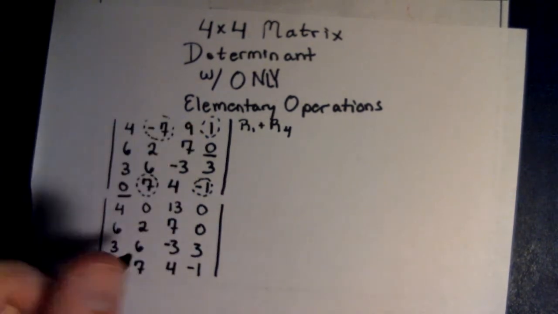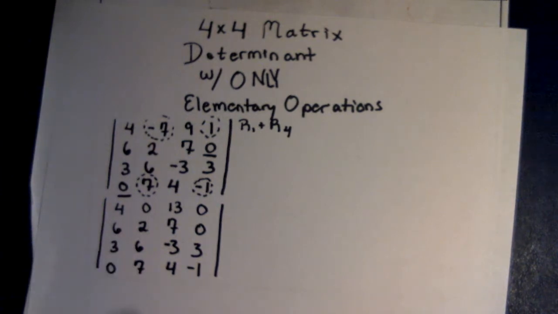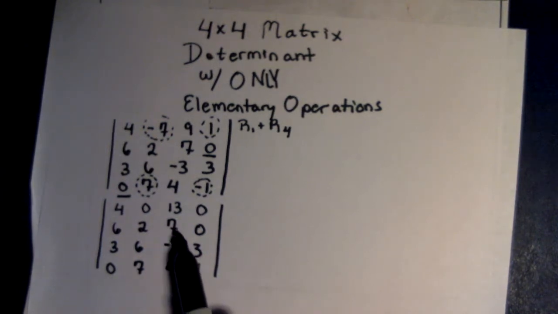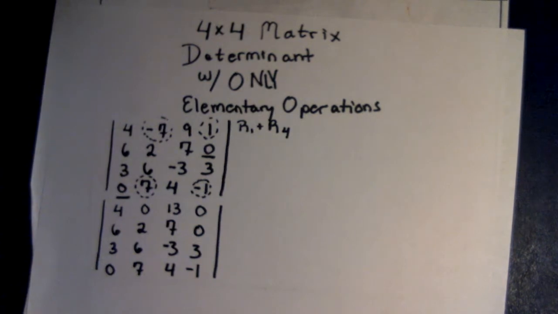Continuing, we now look for potentially simplifying this more. So what I found was, instead of immediately jumping to column simplifications, because we'd be introducing a 7 here in the 0 spot, I wanted to continue with my row simplifications.